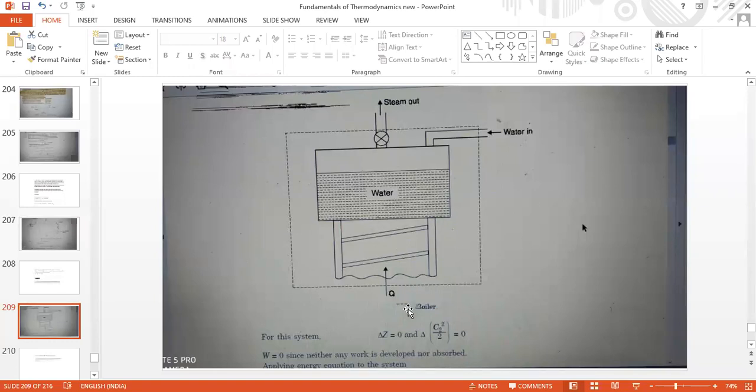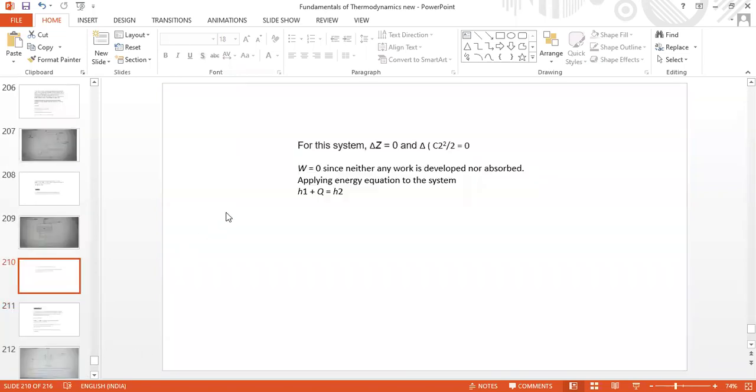Here you can take delta Z equal to 0, that is change in potential energy 0, and change in kinetic energy 0. Substituting all those, you write simply H1 plus Q equal to H2. That's all.